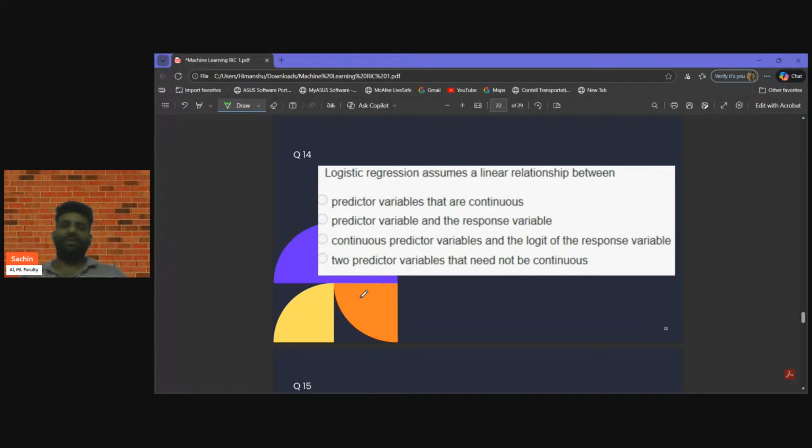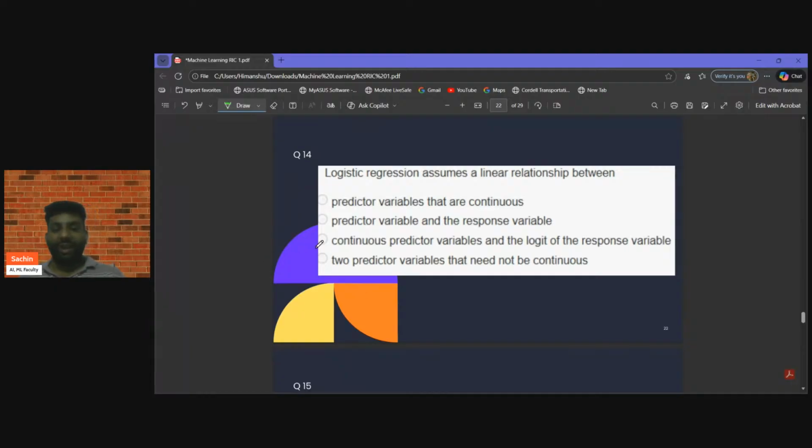Yeah, that's fine, but are we finding a relationship within those independent variables? No. Predictor variable and response variable seems correct. Seems okay. Is it? The answer is no. Why? We have a better answer, which is going to tell me what exactly is happening.